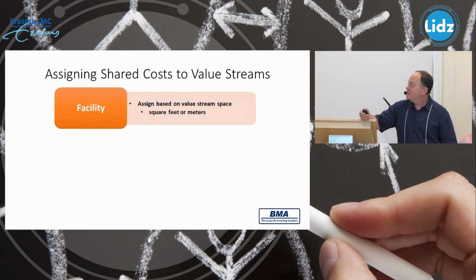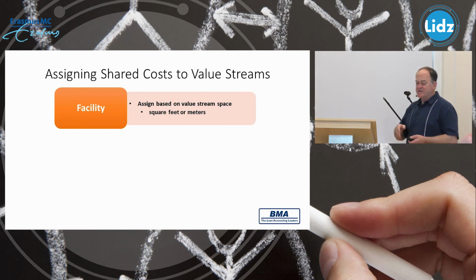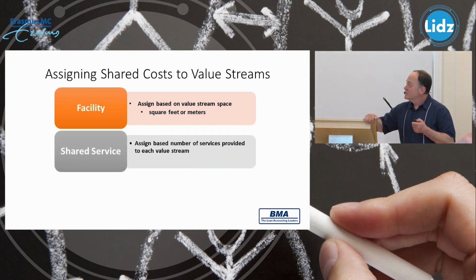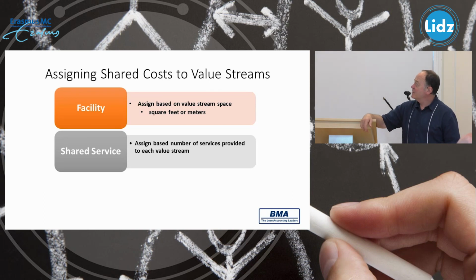And facility costs get assigned based on space. Shared services can be assigned based on services provided.